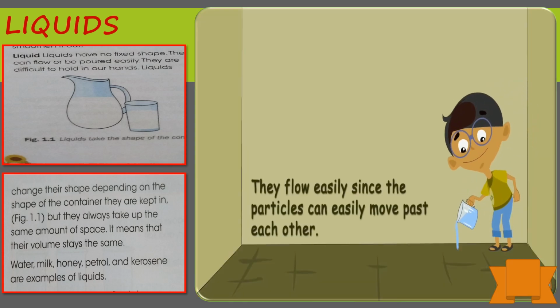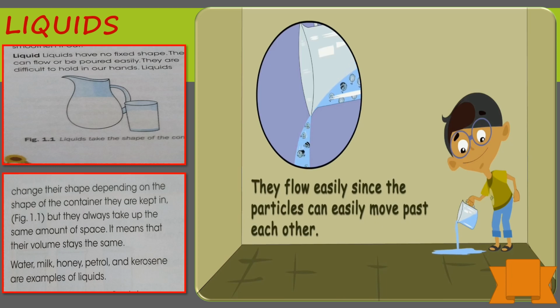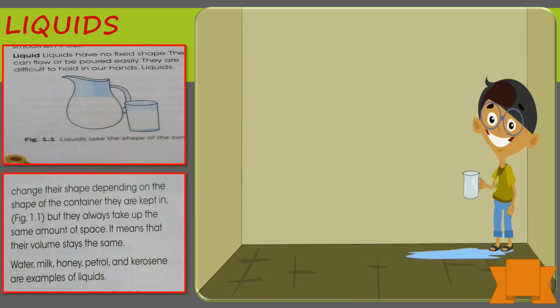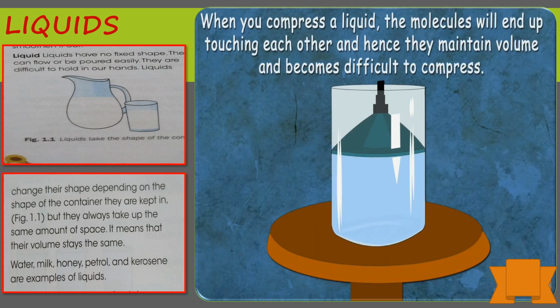They flow easily since the particles can easily move past each other. When you compress a liquid, the molecules will end up touching each other and hence they maintain volume and it becomes difficult to compress.